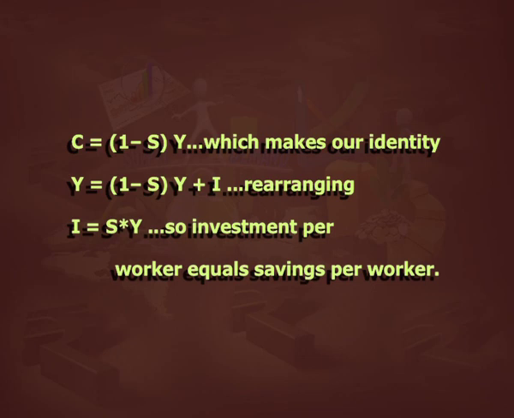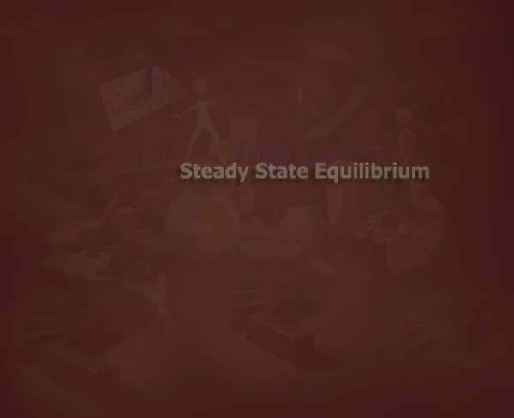So, investment per worker equals savings per worker. The Solow model long run equilibrium occurs at the point where both y and k are constant. These are the endogenous variables in the model. The exogenous variable is s.